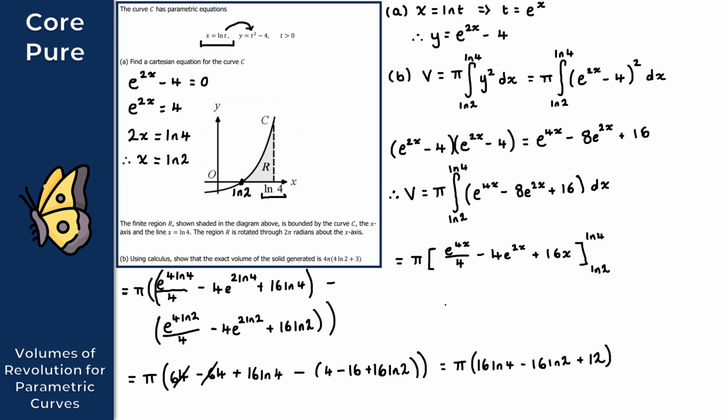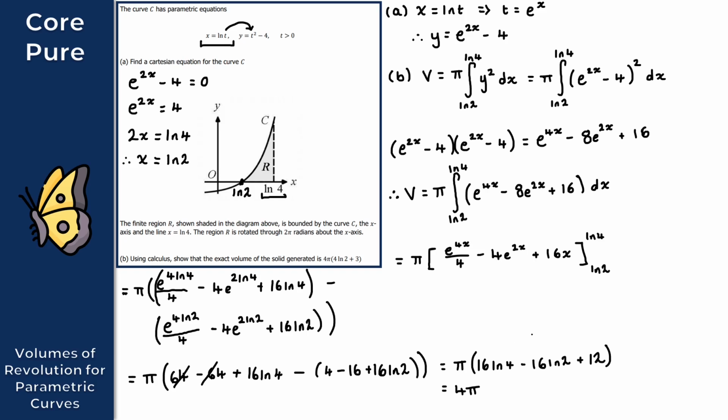Like so. And then don't forget what we're looking for here is 4 pi, 4 ln 2 plus 3 here. So in that case then, we can factor out a 4 here. We get 4 pi. And then all we also need to do here is deal with this single logarithm here, right? So we've got a difference of logs here.